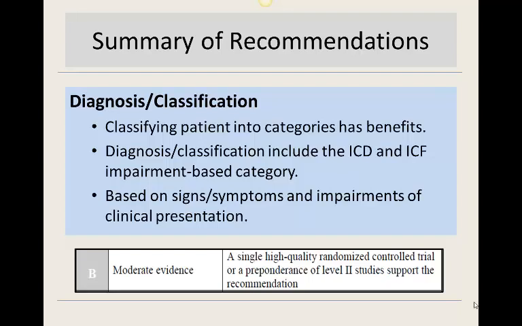It is recommended by the panel that classifying patients into categories has benefits. Typically, these patients are classified based on their signs and symptoms and then matched to the best treatment based on their signs and symptoms. This is based on moderate evidence, and this will be discussed more in depth in part 2 of this presentation.